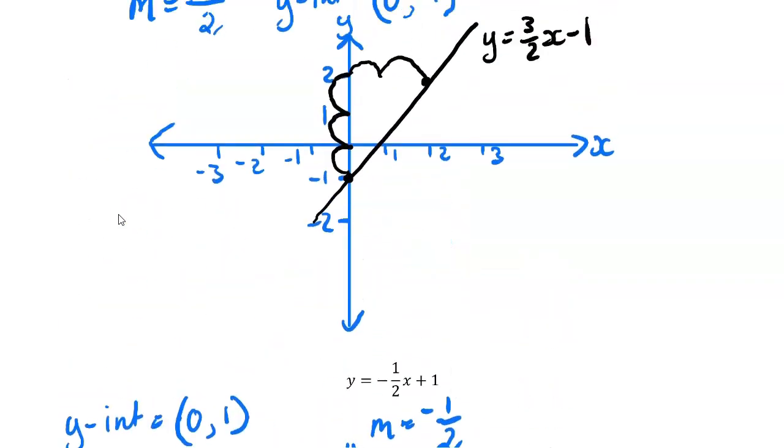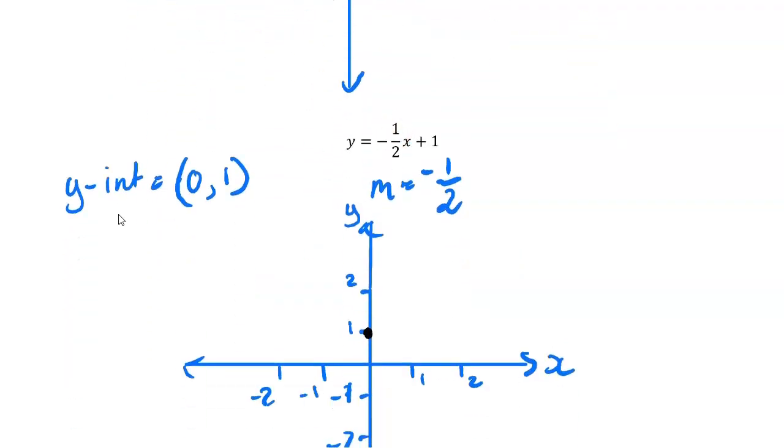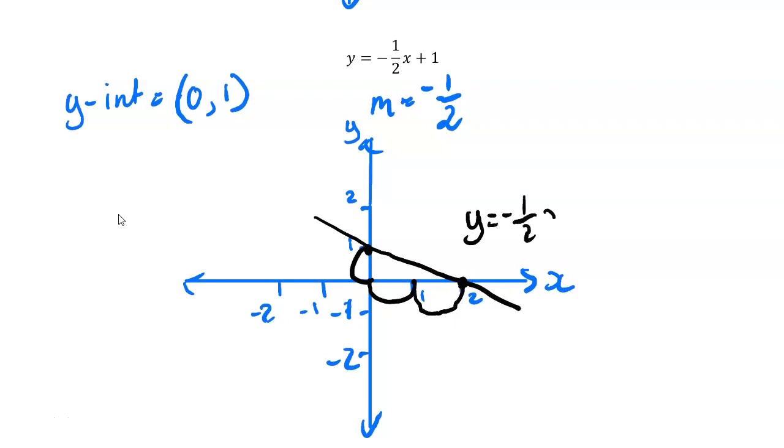So whereas up here, I went 3 up, here, because of that negative, it is telling me 1 down, and across 2. Well, that was a bit skew-whiff, wasn't it? And this is why, whenever you're drawing graphs, you must draw them in pencil. Negative 1/2 x plus 1.